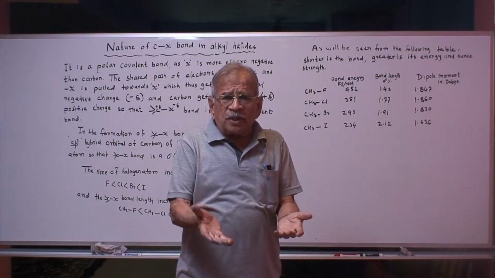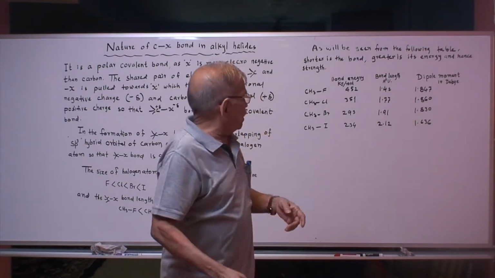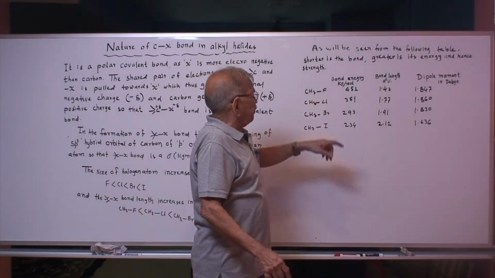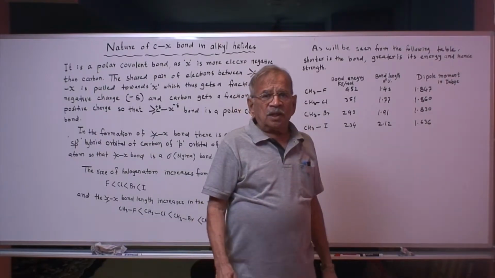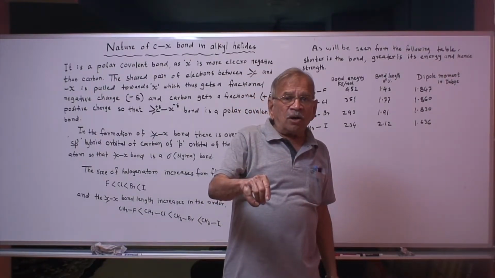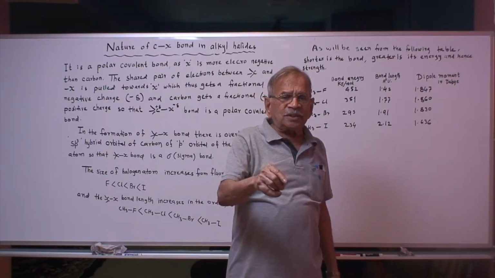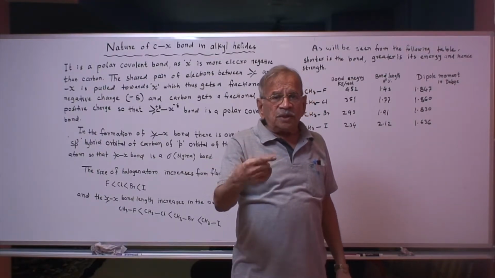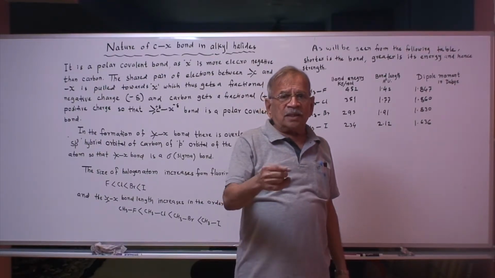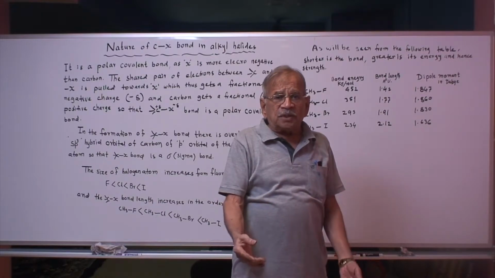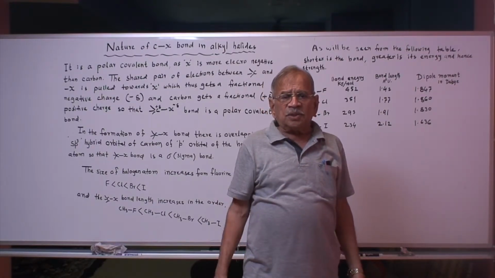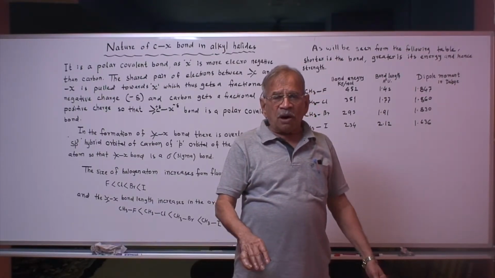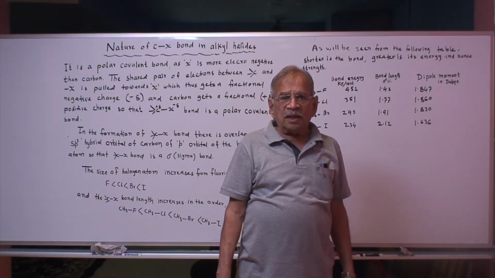What is the interpretation? The meaning is that the CF bond is stronger than the CCl bond, which in turn is stronger than CBr, which in turn is stronger than the CI bond in CH3I.